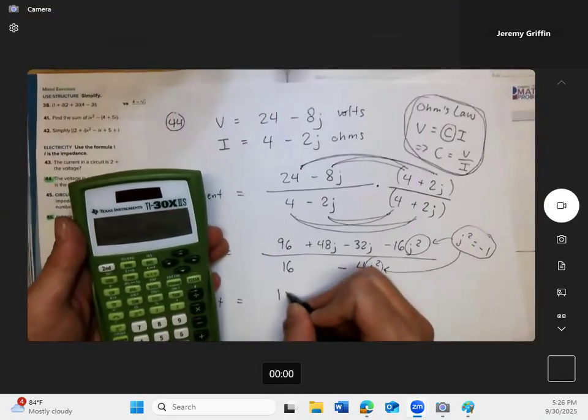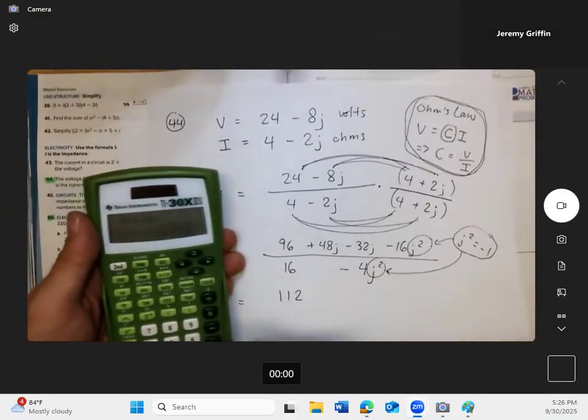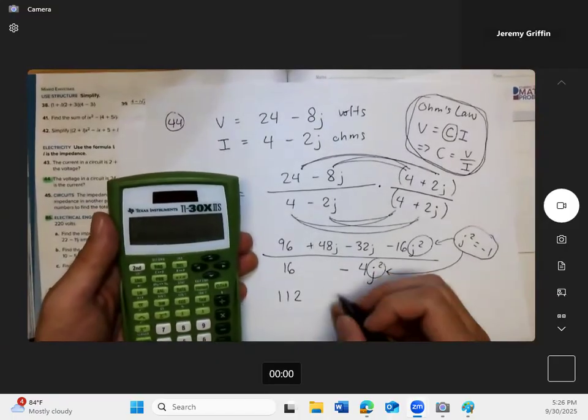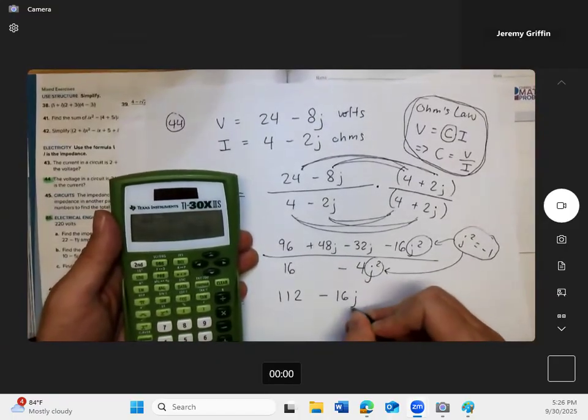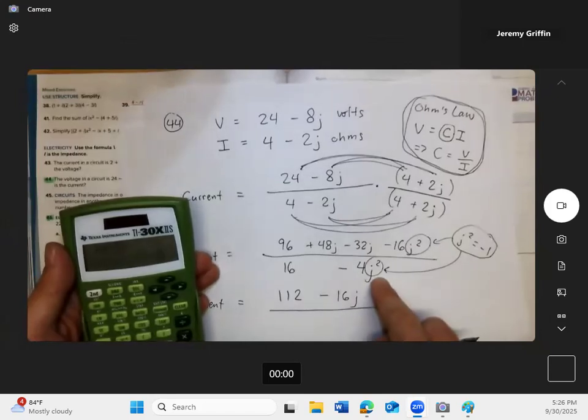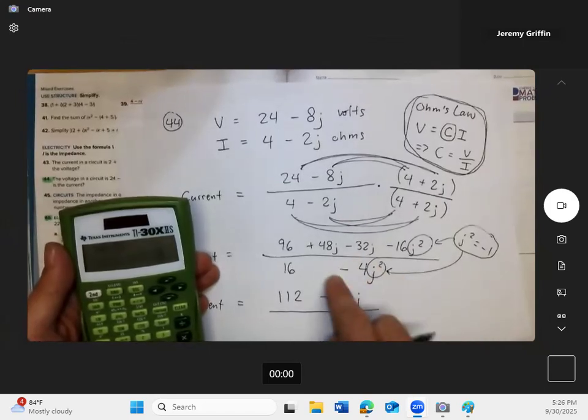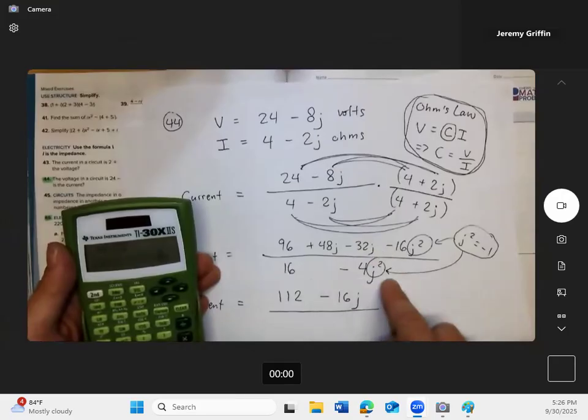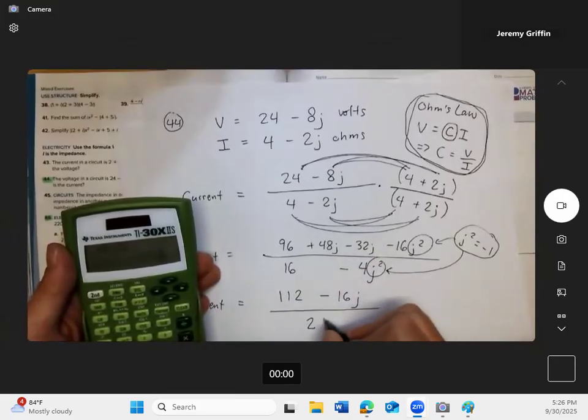So that's 112. 48 minus 32 is like minus 16j. And then down here, this is negative 1. That makes this plus 4. This whole thing would be plus 4. 16 plus 4 is 20.